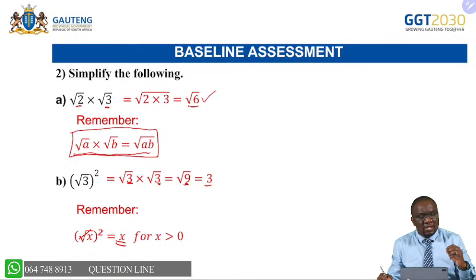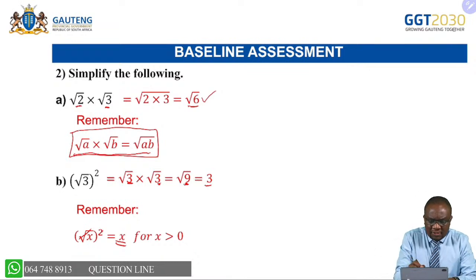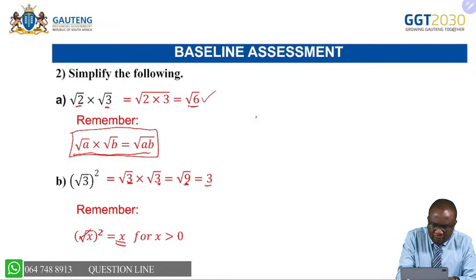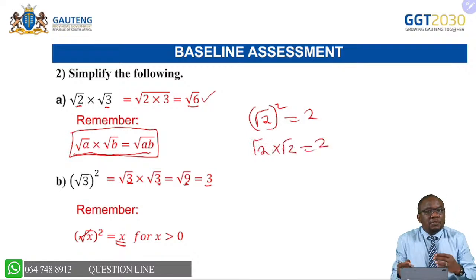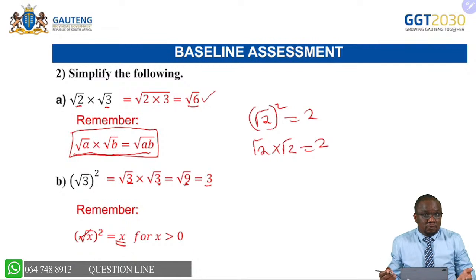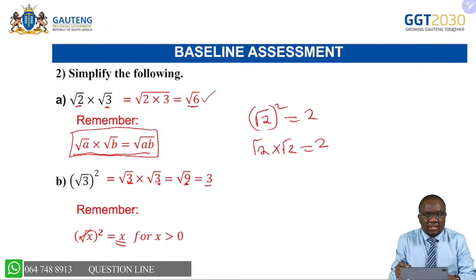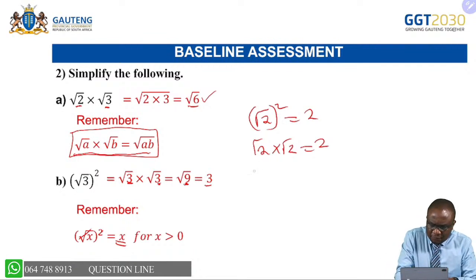So if I say square root of 2 squared, I must get 2. Or if I say square root of 2 times square root of 2, I must get 2, because square root of 2 times square root of 2 is square root of 2 squared. Even if I say square root of 3 squared, I'm repeating the same thing here, it equals 3.